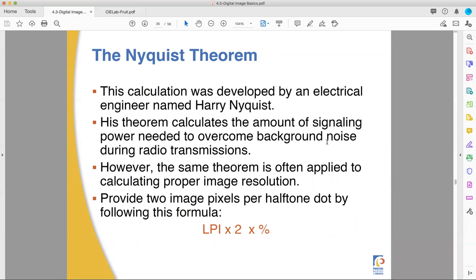Here it is at the bottom in red. LPI times 2 times percent. So the LPI is the lines per inch of your print, times 2 will get you the dots per inch of the screen, the computer screen resolution required, multiplied by the percentage of how much bigger or smaller it's going to be.